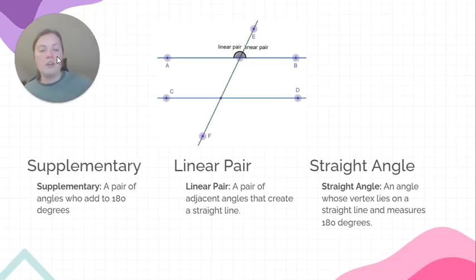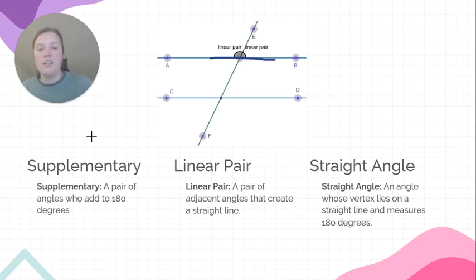Now, make sure that you understand what supplementary angles, linear pairs, and straight angles are. I know that I've talked about these in the vocabulary videos, but I really want to make sure you understand them so that when I use them in a proof, you understand why. Supplementary means they add to 180. Linear pairs are two angles that share a straight line, and a straight line measures 180 degrees.